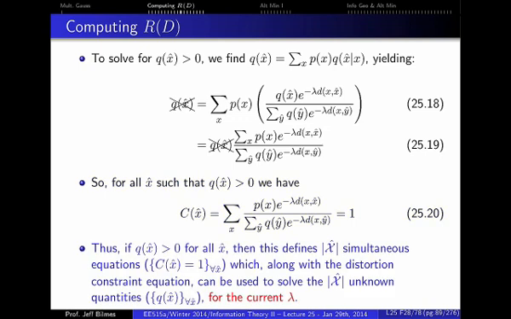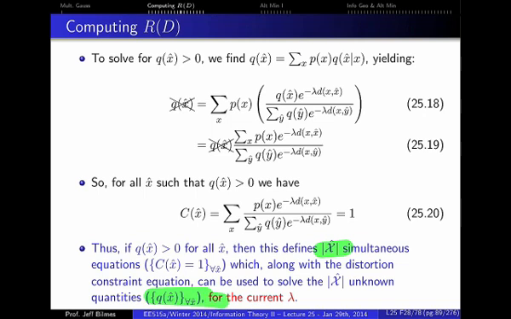If q of x hat is greater than 0 for all x hat, then this defines as many equations as the size of the alphabet of x hat, which along with the distortion constraint can be used to solve for what is absolutely necessary for getting the conditional distribution.